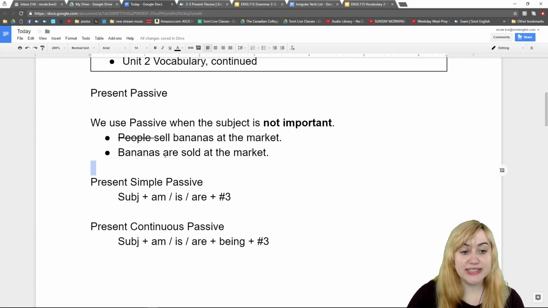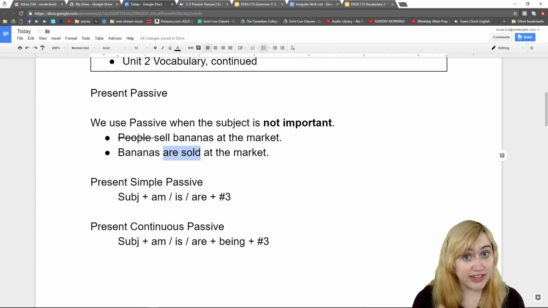And then I use passive grammar to show that I'm not talking about who does the action. That's a very difficult idea, and I'll talk about it a lot more in just a minute. But first, I just want to show you how to make the passive.